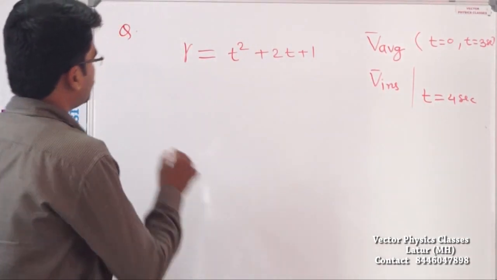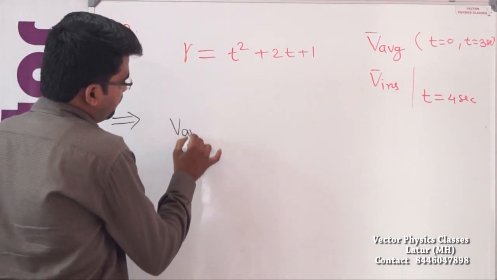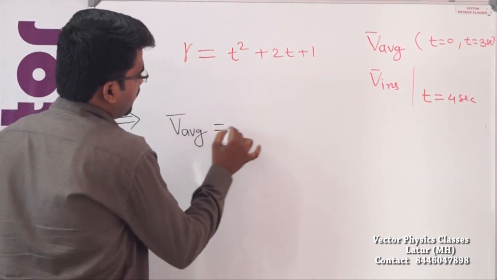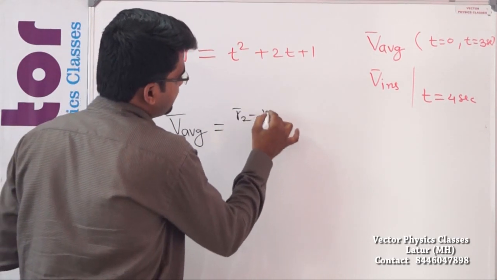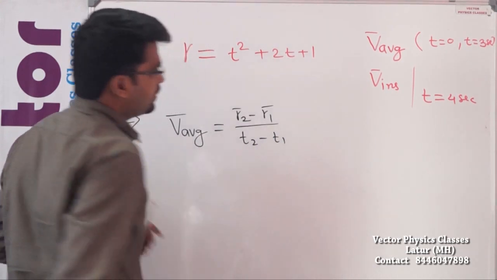So, what is our formula for v average? r2 minus r1 divided by t2 minus t1.